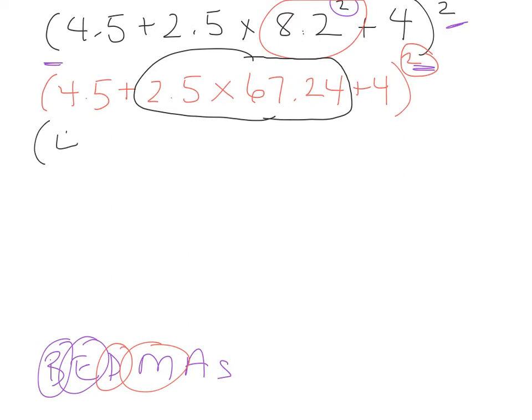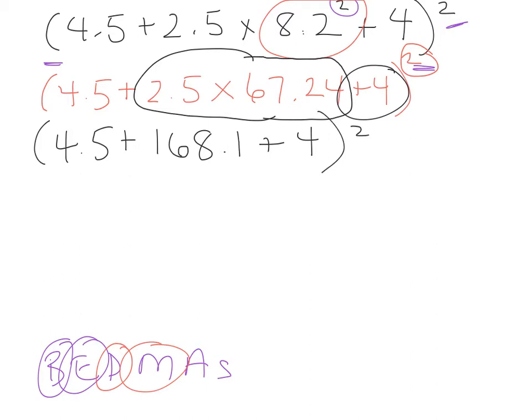We're going to write the equation, plus, and then we're going to solve 2.5 times 67.24, which is 168.1. And then we're going to write the rest. Plus 4, close bracket, and then we're going to have that exponent 2 there. Okay, we've done all the multiplication within the bracket.